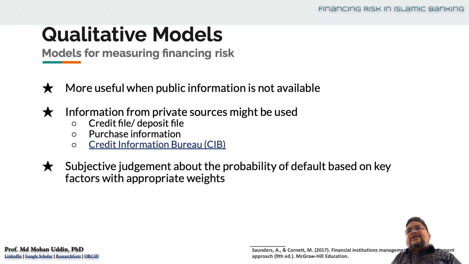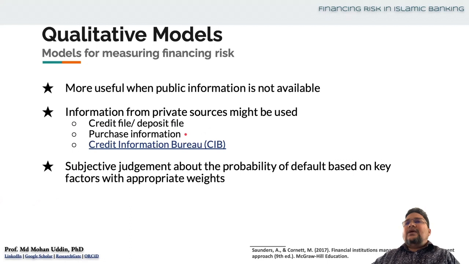The subjective judgment about the probability of default can be developed based on key factors with appropriate weight. For example, you get a number of observations from the credit file or deposit file of the customer. You get a considerable amount of information from purchased data.